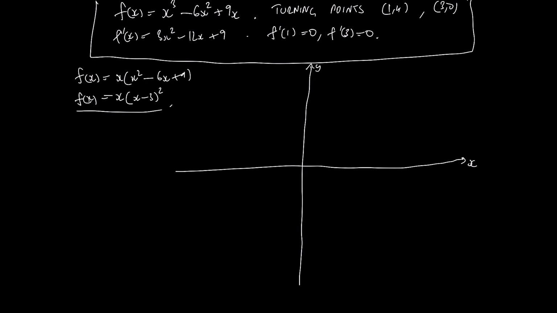We have interception of the x-axis when x is 0 and when x is 3. So I know I have an intersection here, and I know I have an intersection here. I also know I have a turning point over here, (1, 4).